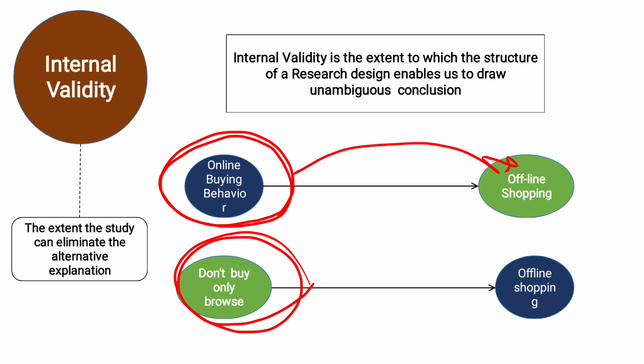We can use proper theories, and then we can also increase the internal validity. And very importantly, we can control the external variables or confounding variables. In this way we can improve our internal validity. We should not try to achieve 100% internal validity, because it is impossible.